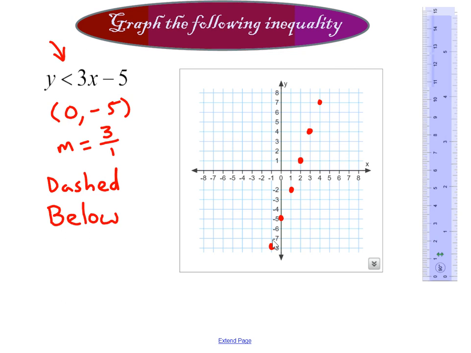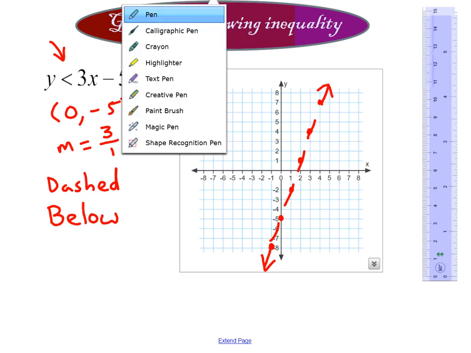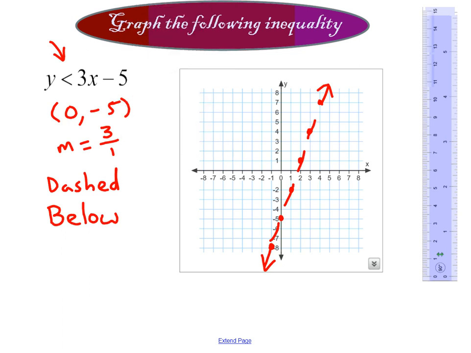Now, I know this is going to be a dashed line, so I'm going to go ahead and make a dashed line like so. Here's where I'm going to go ahead and shade. The part I'm going to shade is going to be below, so I'm going to shade all of the area that is below that dashed line.